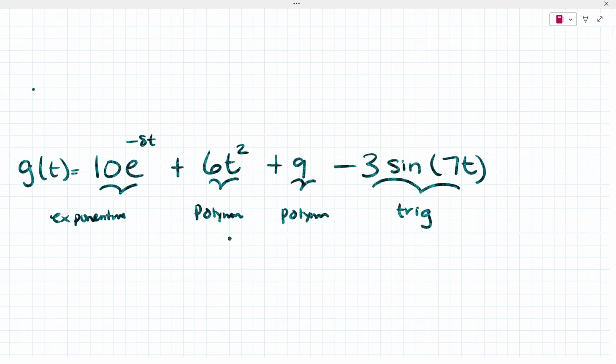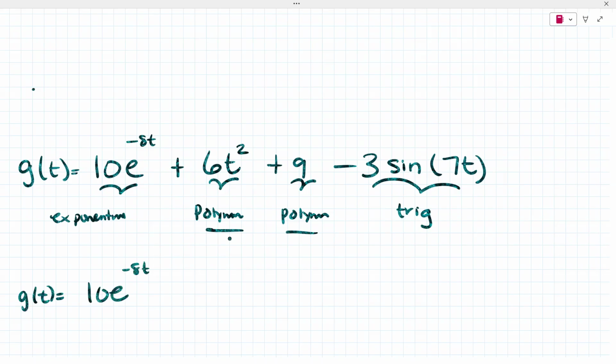What I would have done first is maybe, because we have a repeat of two polynomials, right? Maybe we can just combine them into one single polynomial. So I'm going to rewrite this problem as g of t equals 10e to the negative t.